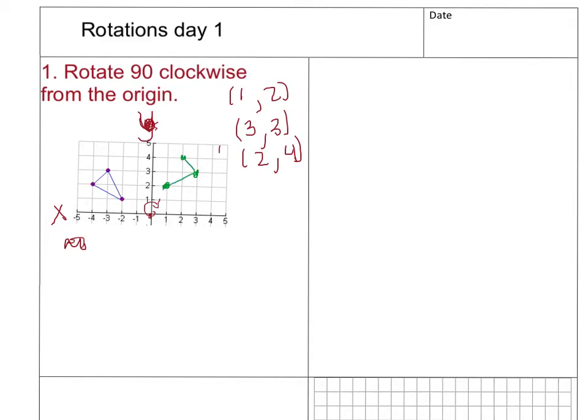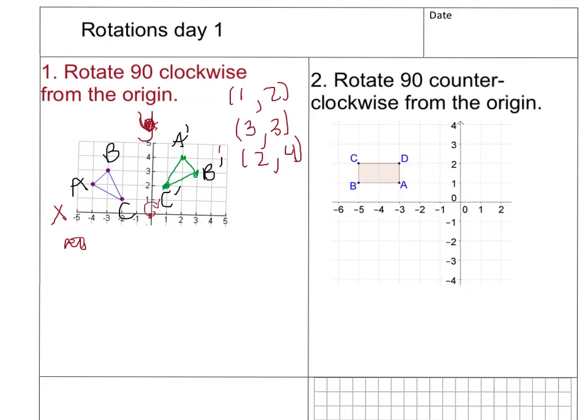There you go. You have rotated the figure 90 degrees clockwise. Of course, on homework and all other assignments, they will be labeled points A, B, and C, and you label the new points A prime, B prime, and C prime. Okay?